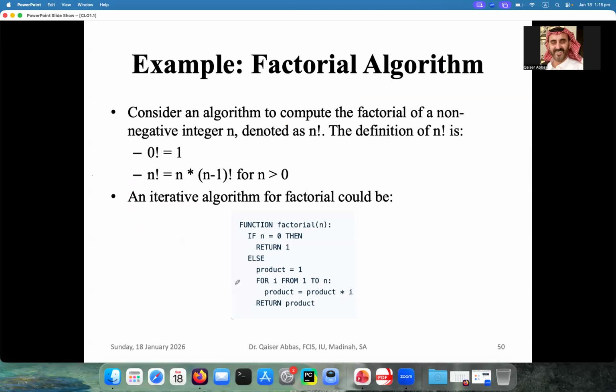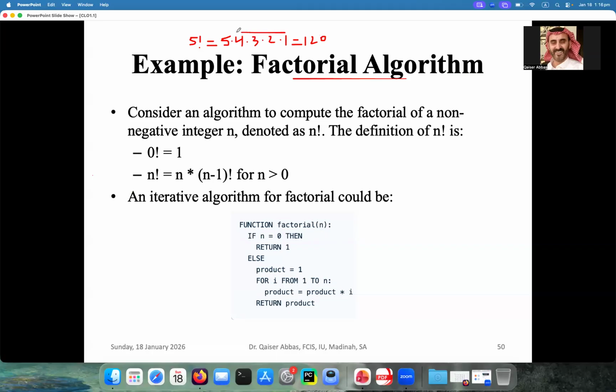For example, here we are taking an example of a factorial algorithm. What is factorial? For example, what is the factorial of 5? It is equal to 5 multiplied by 4 multiplied by 3 multiplied by 2 multiplied by 1, which is 120.